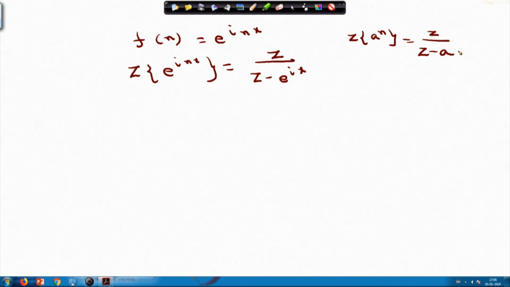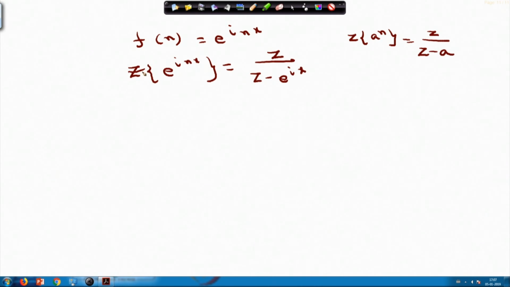Already we have shown this in the last example. So, here I can substitute a as e to the power i x. Therefore, the Z transform of this one is equal to z by z minus e to the power i x.